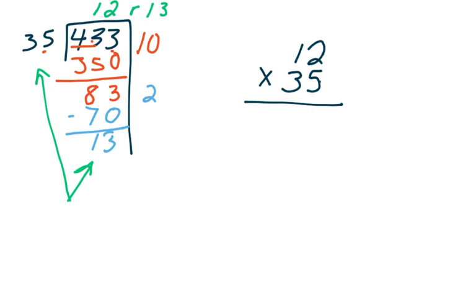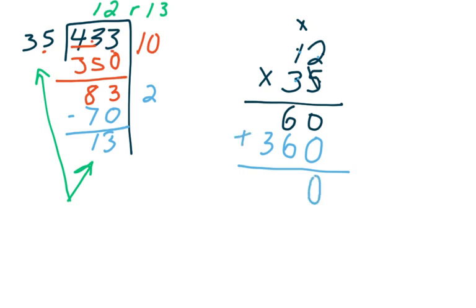Let's see. 5 times 2 is 10. Split those digits. 5 times 1 is 5, plus 1 gives me 6. I'm done with the 5. I'm done with that one that I regrouped. Don't forget the 0 placeholder. 3 times 2 is 6. 3 times 1 is 3. And when I add, I have 0, and then I have 12 with the regroup.